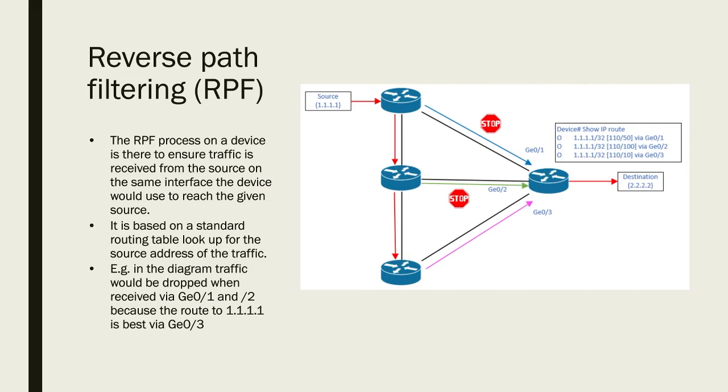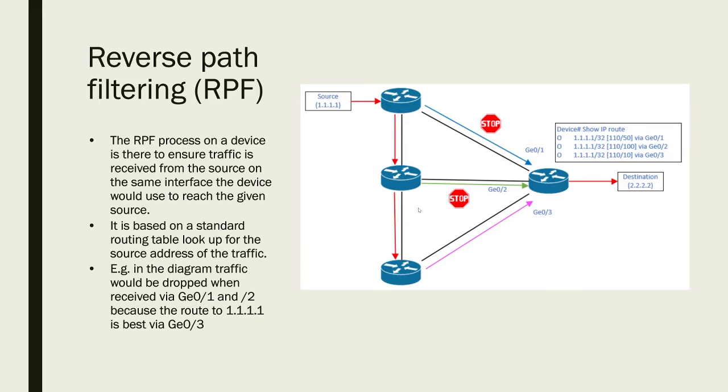Now I look in my routing table and I see, okay, the best path towards the source of this traffic is via interface 3. So that must be the shortest path. So I'm going to accept it here, and I'm going to block the traffic coming from the other interfaces and drop it. Now that state doesn't get passed up towards these routers.